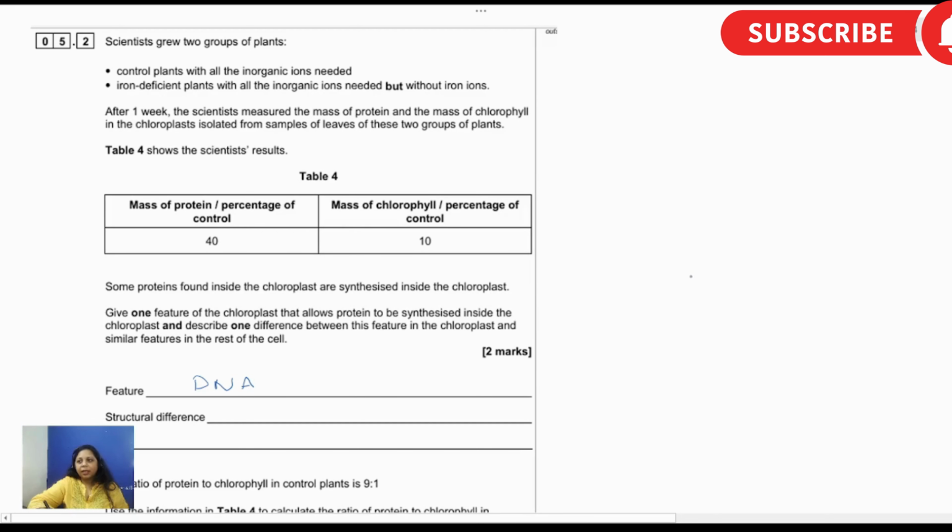It is circular, whereas nuclear DNA is linear and also has histone proteins and other things. If you want to mention another feature, it can be ribosomes, and the ribosomes are much smaller in these organelles as compared to the cytoplasm. The ribosomes present in the cytoplasm are bigger in size.